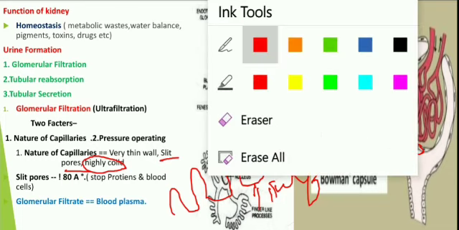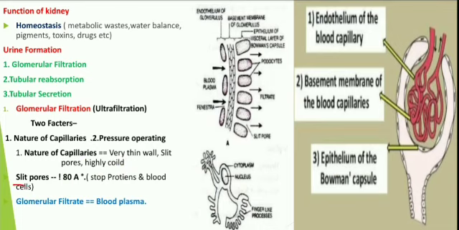Next, another concept: slit pores. The slit pore size is less than 80 angstrom. When it is less than 80 angstrom, it can filter all the plasma present in the blood except proteins and blood cells, because the size of proteins and blood cells is more than 80 angstrom, and they won't enter the slit pores.